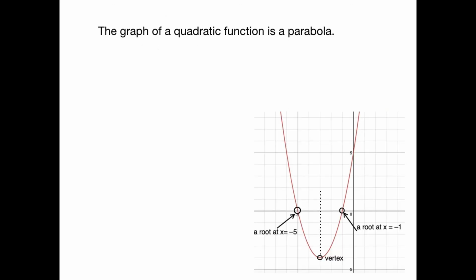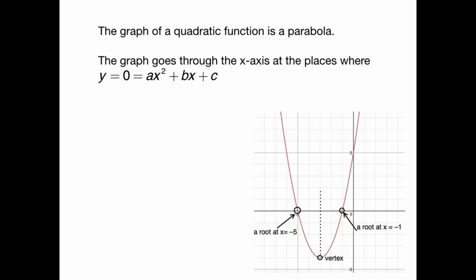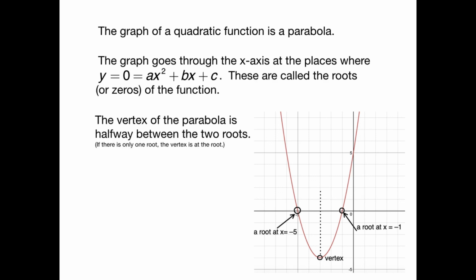To summarize, the graph of a quadratic function is a parabola. The graph goes through the x-axis at places where y equals 0. These are called the roots of the function. The vertex of the parabola is halfway between the two roots.